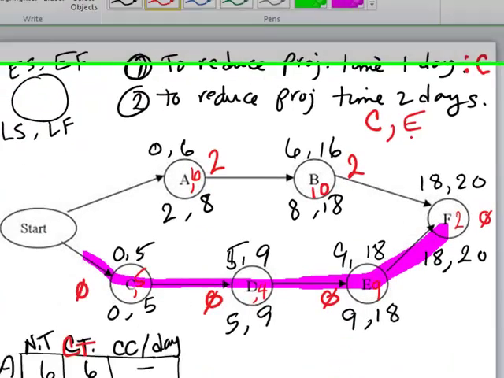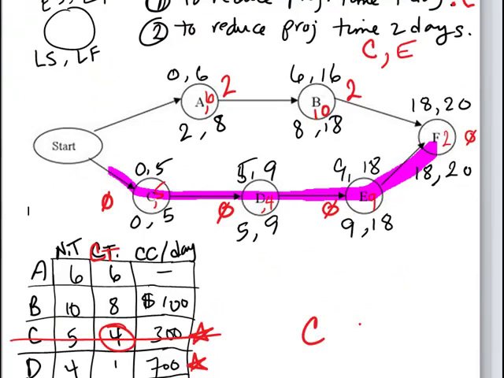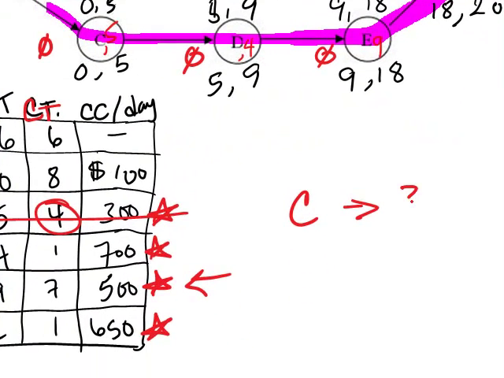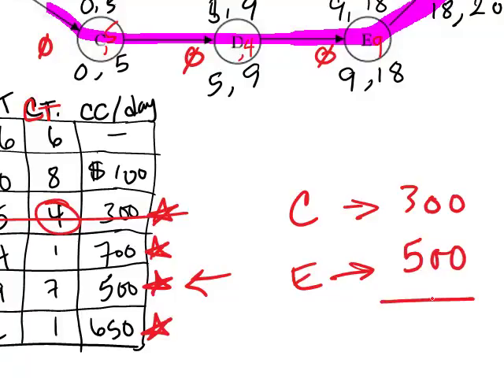This will mean that C will be crashed at a cost of 300, and E will be crashed at a cost of 500. So the total cost of crashing will be 800.